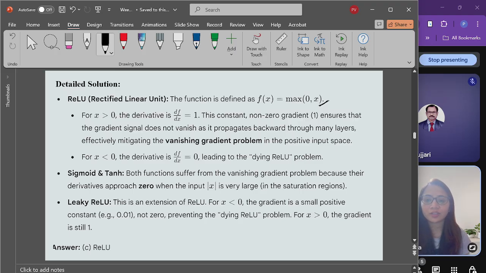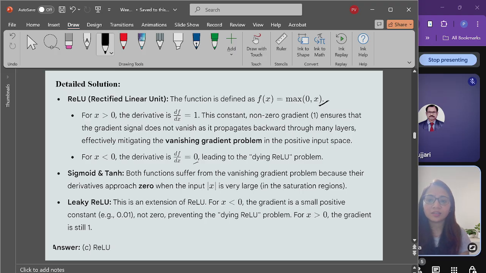And if x is less than 0, then the derivative df is 0, and that leads to the dying ReLU problem. Sigmoid and tanh both suffer from the vanishing gradient problem because their derivatives approach 0 when the input x is very large, in the saturation region.